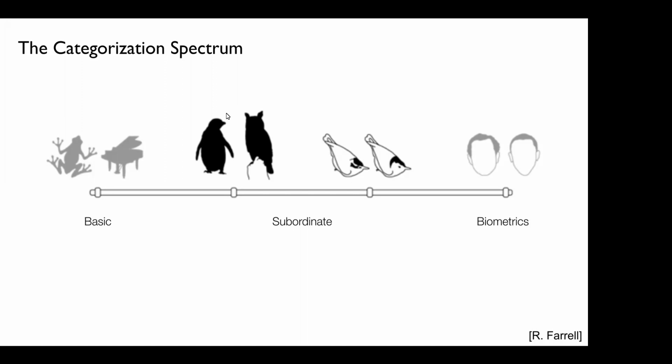Or if you're looking at camera traps on giraffes and you want to know specifically which giraffe was spotted in the camera trap, that would be a case of biometrics. So we're interested in subordinate categories, which are somewhere in the middle. So this includes both things like penguin versus owl, so the different species, but same family. Or you could look at chickadees that have very subtle differences in the coloration of the feathers. So those both fall under subordinate categories, and that's the part of that categorization spectrum that's of interest to us.